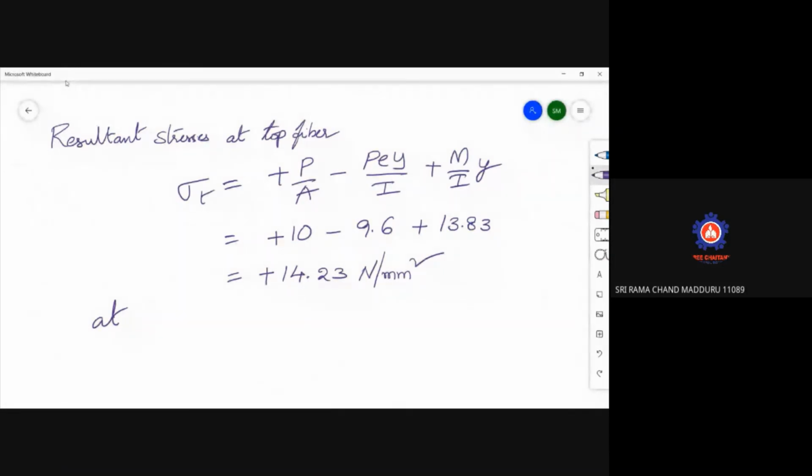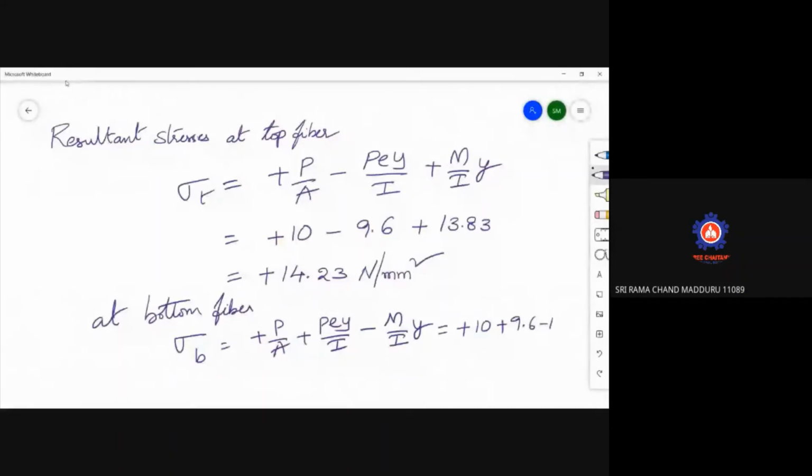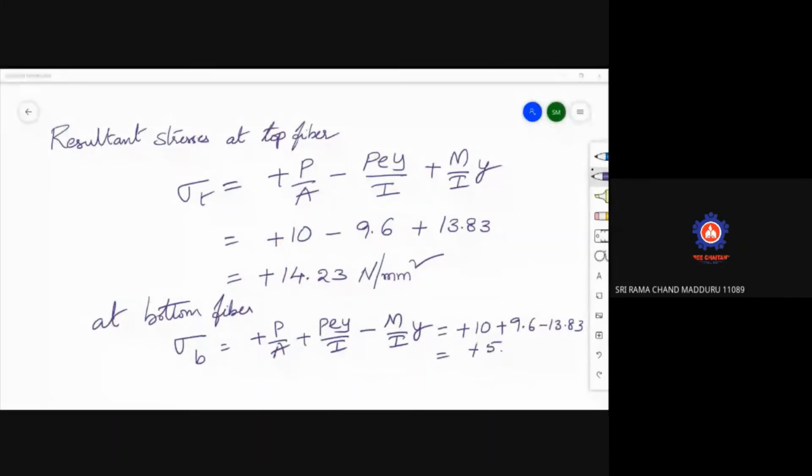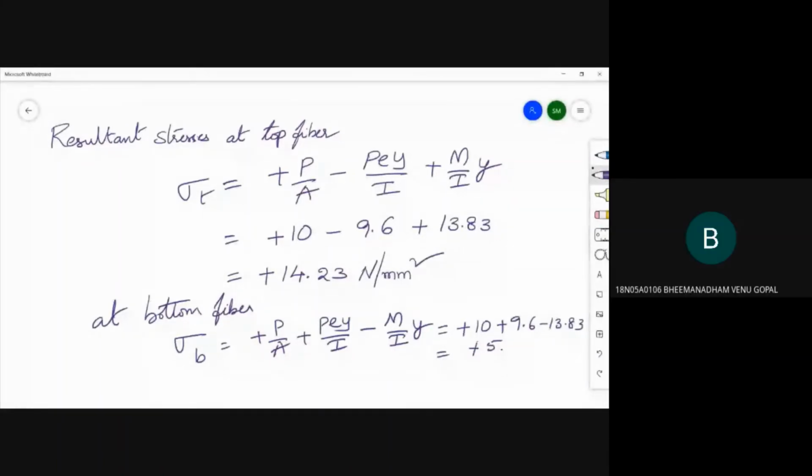At bottom fiber, sigma B is equal to plus P by A plus P into E into Y by I minus M by I into Y. So this is plus 10 plus 9.6 minus 13.83, that is 5.77 Newton per mm square.